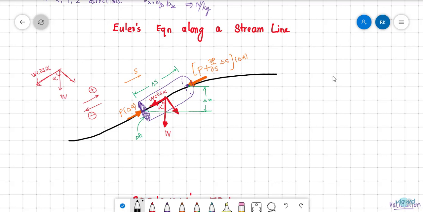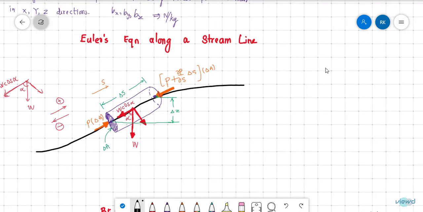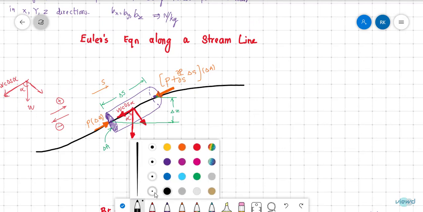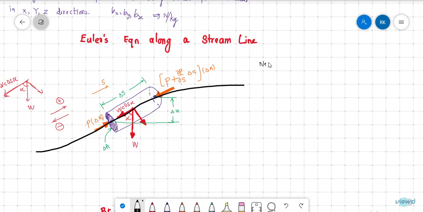So next external force that will be acting is the net force. F along the streamline, Fs, is equal to, so what are the forces? This is P into delta A. This is positive direction and this is negative one.